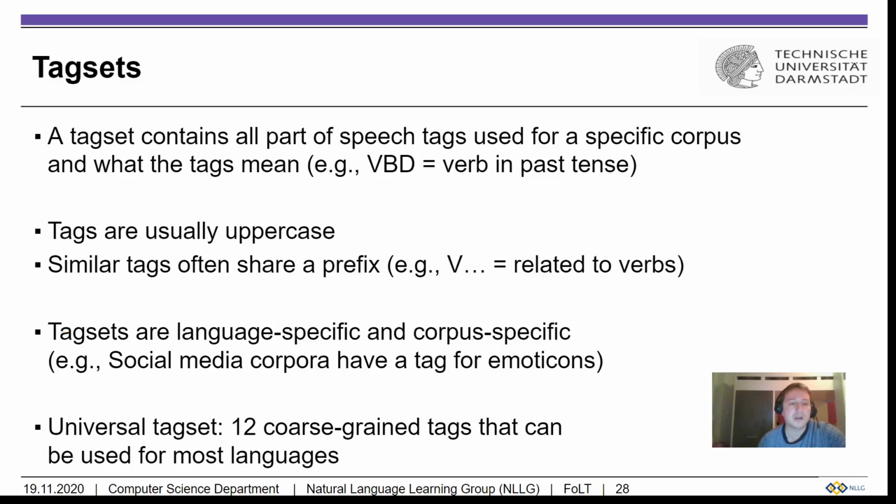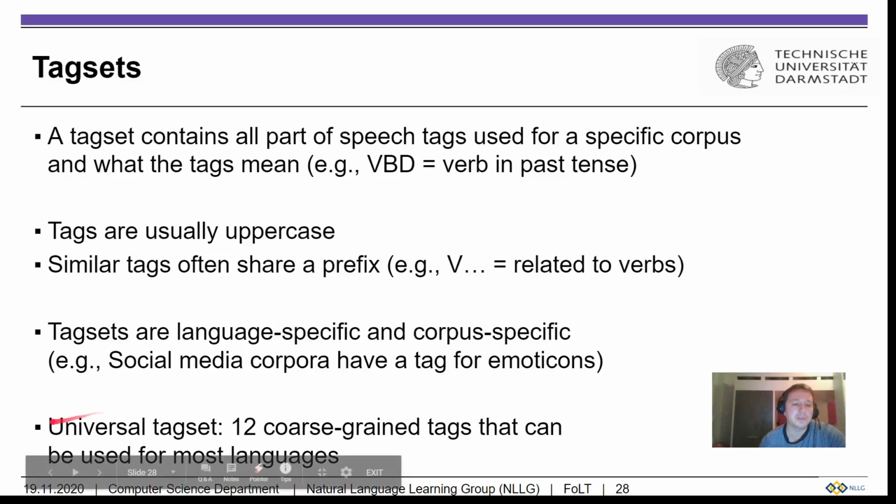So German would usually have a different tag set than English, or Turkish would have a different one than any of those two languages. And also if you have a different corpus such as social media, you might have a tag for emoticons which you would not have in a newspaper text from the 1980s.